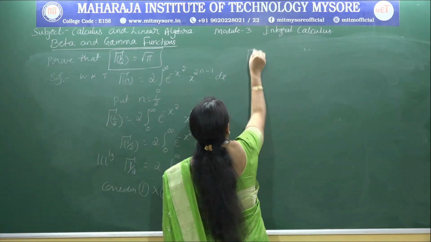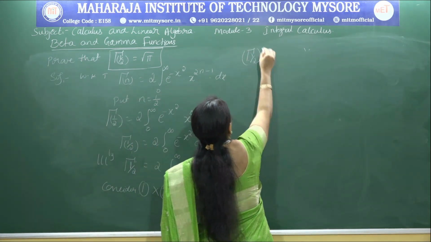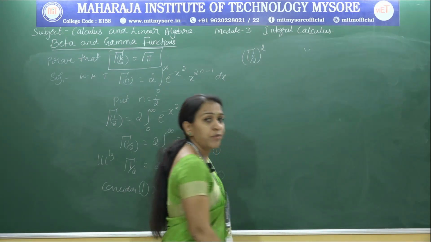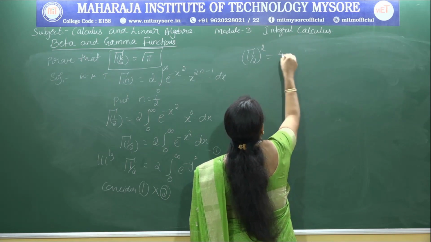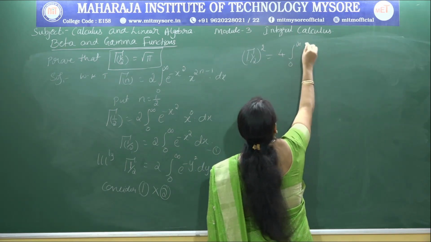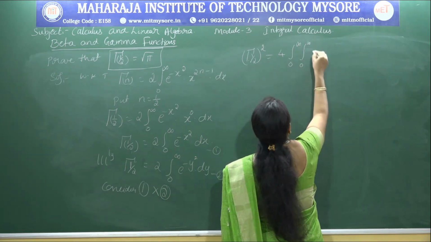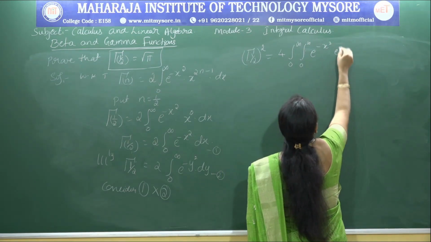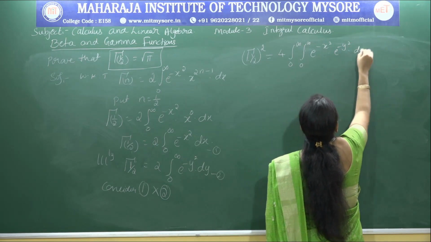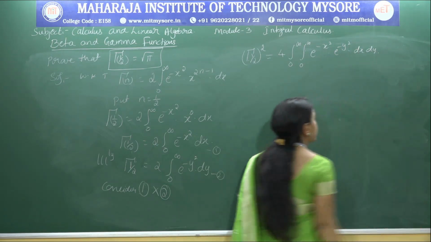So gamma half into gamma half will be gamma half whole square, right? And the second part, our LHS, is 2 twos are 4 times the integral 0 to infinity e to the power of minus x square into e power minus y square dx dy.